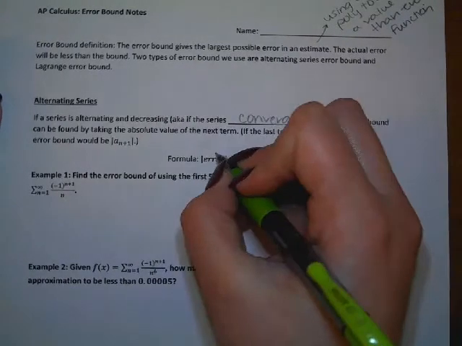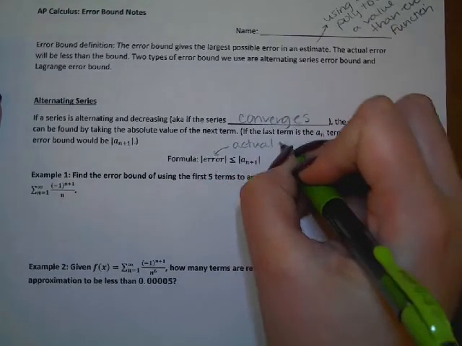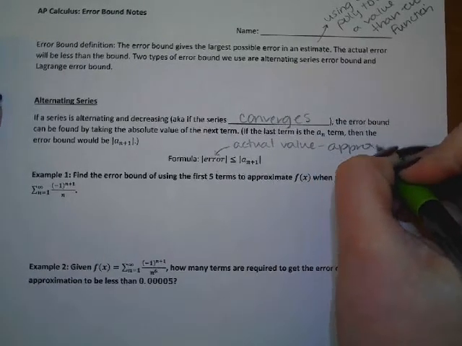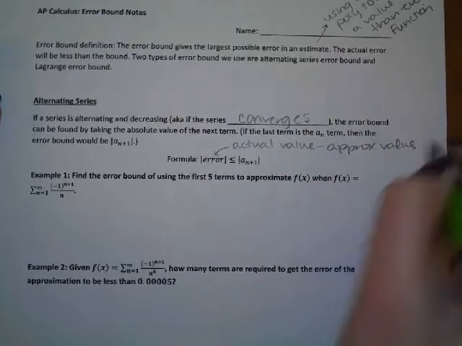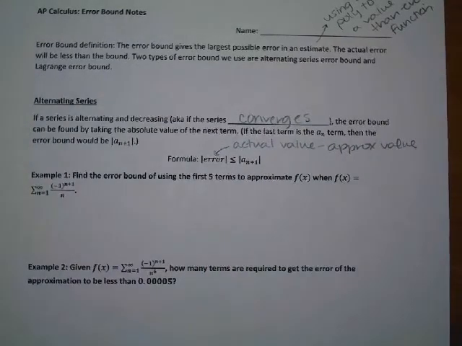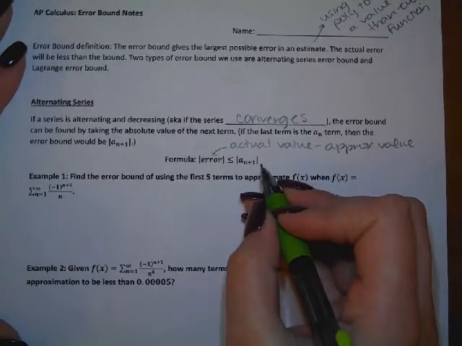What we mean by error is the actual value minus the approximate value, or vice versa. That's why we put it in absolute value, because it doesn't matter if it's positive or negative, it's just the distance between those two numbers. So how far off you are is determined by subtracting the value that you guessed from the value that it truly was, and that's going to be less than or equal to the next term.